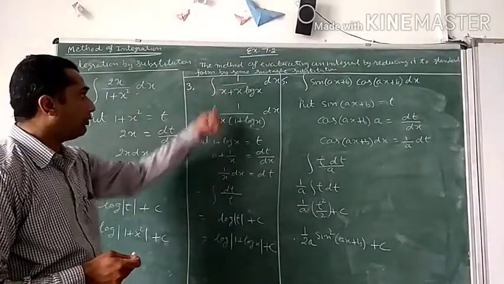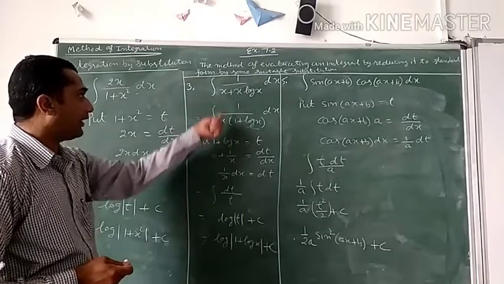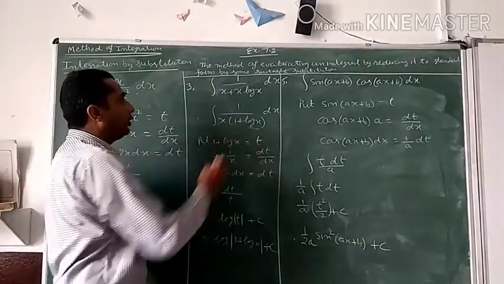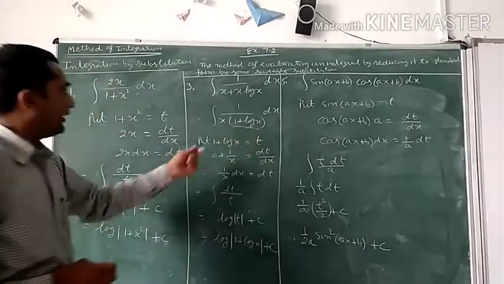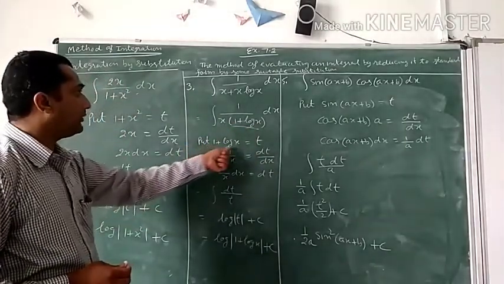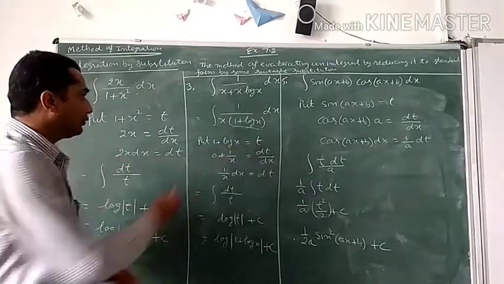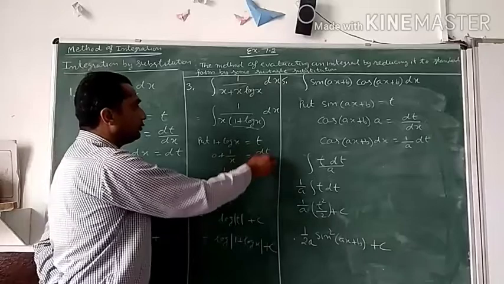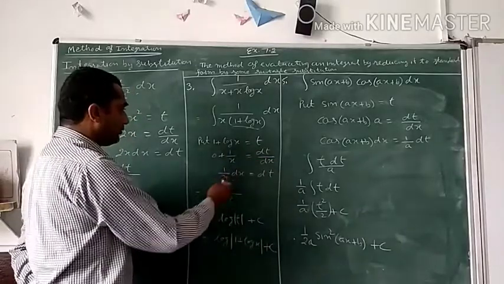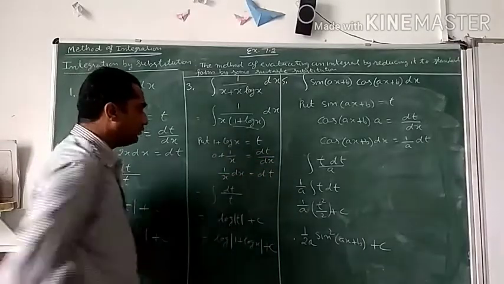So take x common in the denominator: x into 1 plus log x. Put 1 plus log x is equal to t. Differentiating both sides with respect to x, 0 plus 1 by x is equal to dt over dx. So cross multiplying, 1 by x dx is equal to dt.